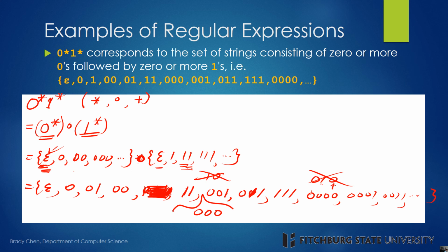Make sure you use the combination: you pick an element from 0 star and an element from 1 star, and then you use all the combinations. So every string in this language should have 0s at the beginning and 1s later. Or you have no 0s but all 1s, that's okay. Or you have all 0s without a 1. But if you have a combination of 0 and 1, always have 0 ahead of 1.